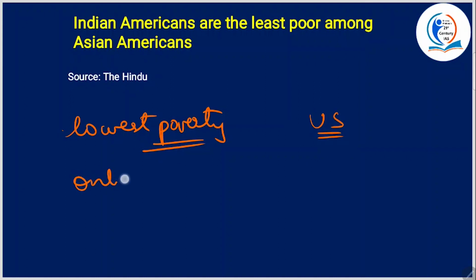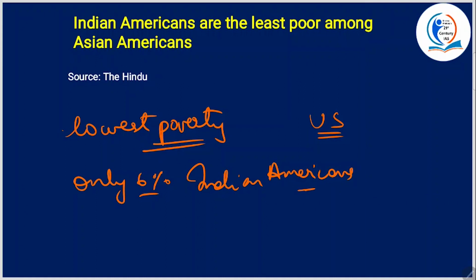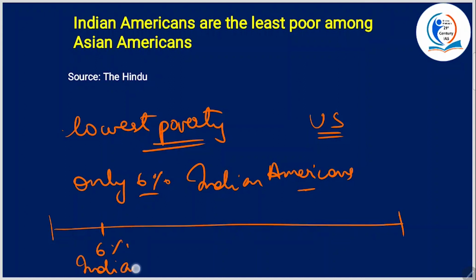The report says only 6% of the Indian Americans lived at or below the poverty line as of 2022. All right. So if you take the countries on a line, 6% of Indian Americans are poor.